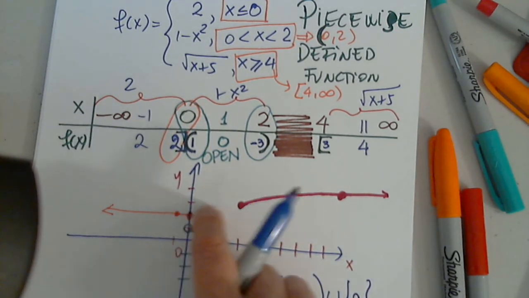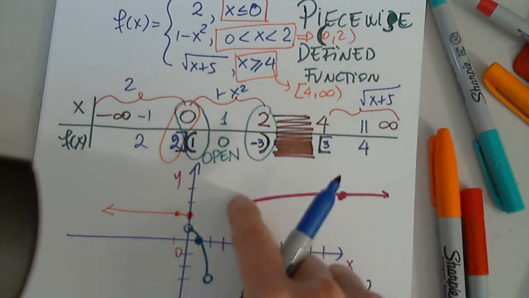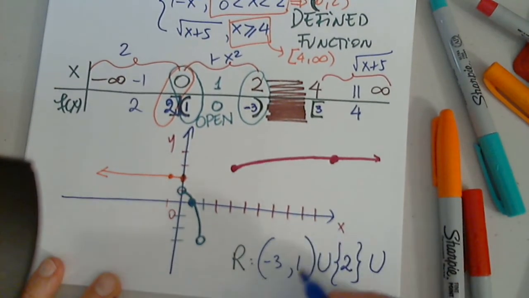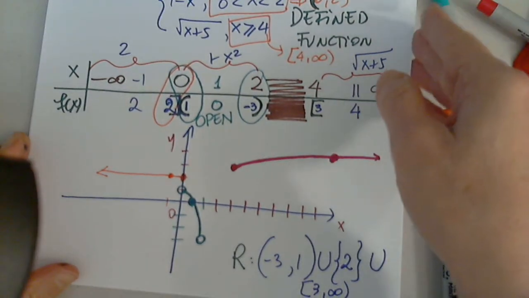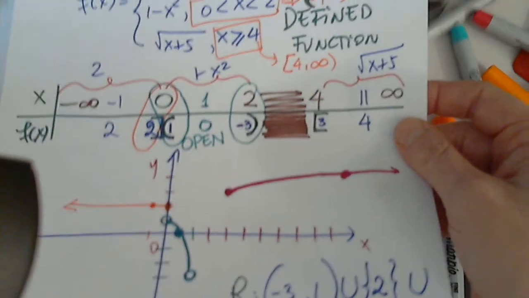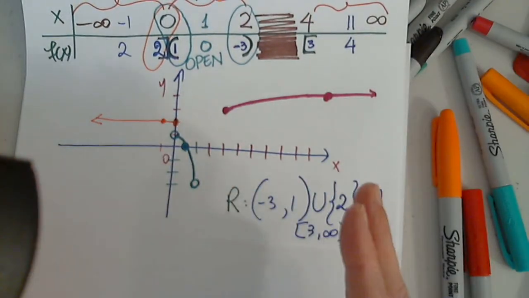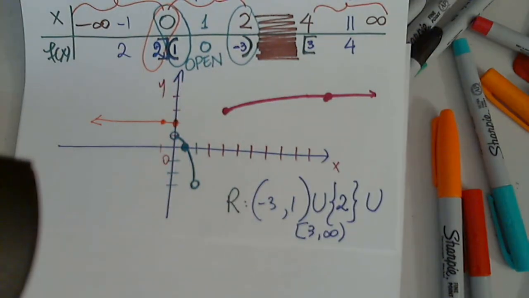And then nothing till 4, 3 to infinity. So union again, with a bracket this time, 3 to infinity. So this is a piecewise defined function. You understand that if you extend and not keep each piece separate, you're not getting a function.